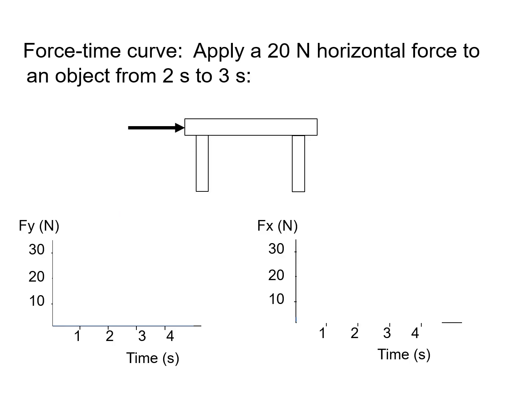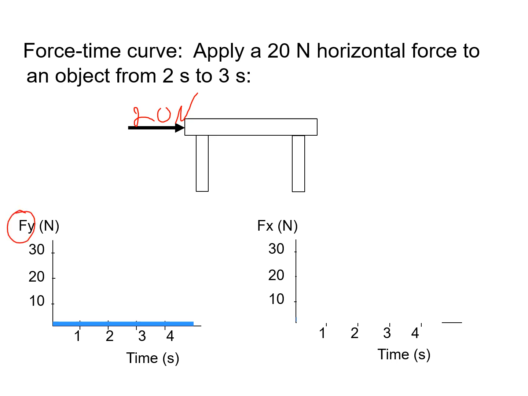So let's look at our force-time curve characteristics again. We already did this in the last lecture. But let's say we apply 20 newtons of horizontal force to an object from 2 seconds to 3 seconds. So this right here is our 20 newtons of force, and we see nothing in the F of y direction.